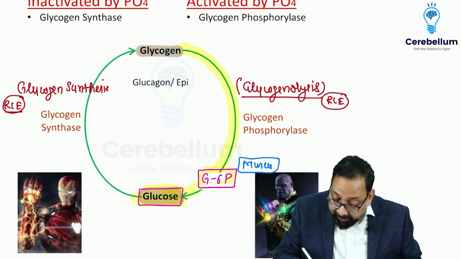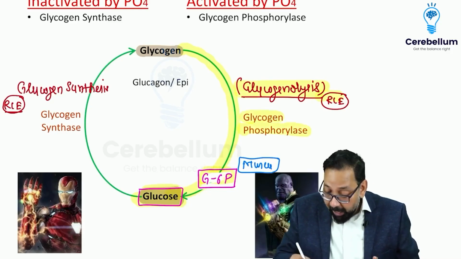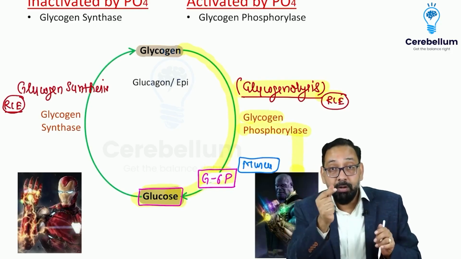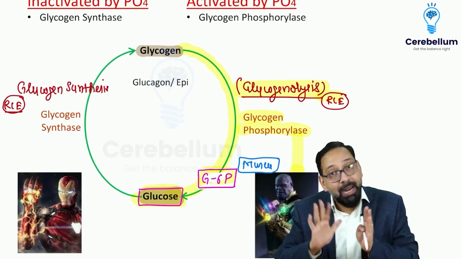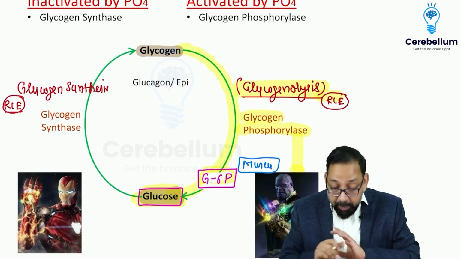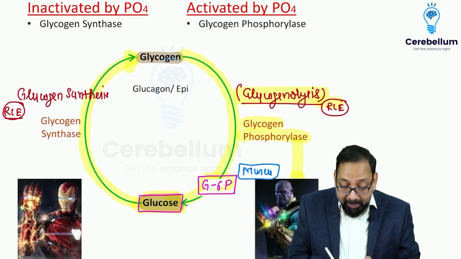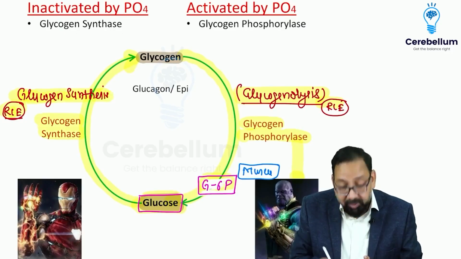The rate limiting enzyme of glycogenolysis is glycogen phosphorylase. I remember glycogen phosphorylase as Thanos: half the population gone, meaning it breaks down glycogen. Glucose can be converted to glycogen by glycogen synthase, the rate limiting enzyme for glycogen synthesis.